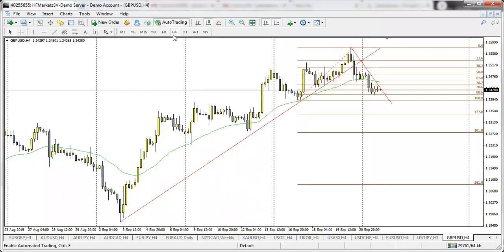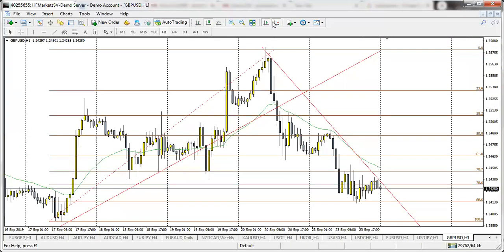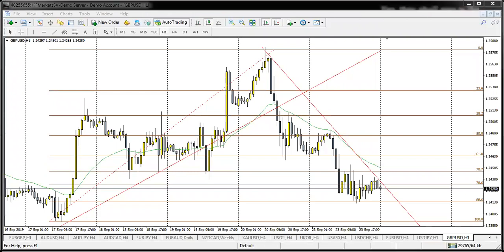And I said my stop loss will probably be 20 pips above that place. So that's 1.24479. SL 1.24479.